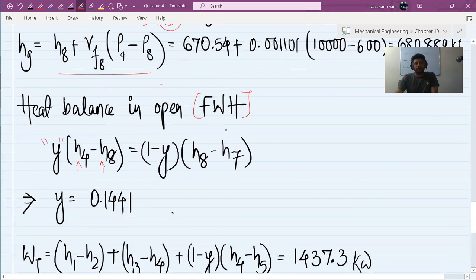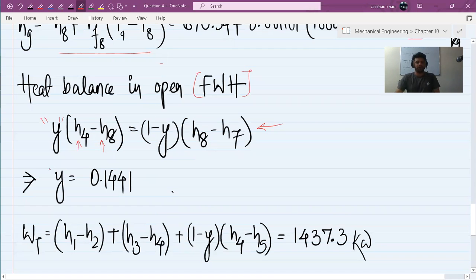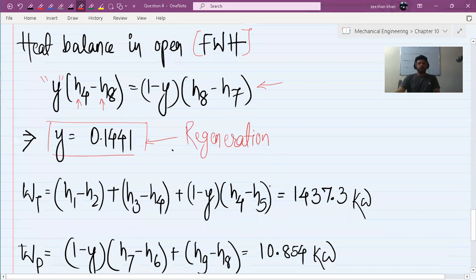This is the function of the feed water heater. So applying heat balance between these two gives you the fraction of steam that was extracted for regeneration. So this is one of the answers they wanted: the regeneration fraction of steam.